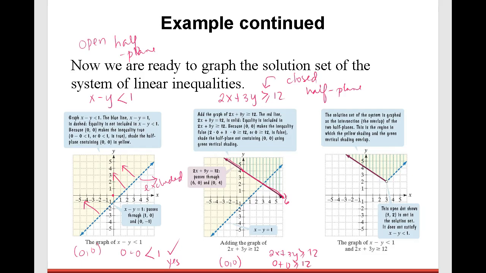And the answer is no. Therefore, 0, 0, which is right here, is outside the solution set for the second inequality, which means its solution set, its half plane, is above the boundary line. And the solution set itself includes the boundary line. So now, where do these two regions intersect? They intersect right here, right there, which is this.